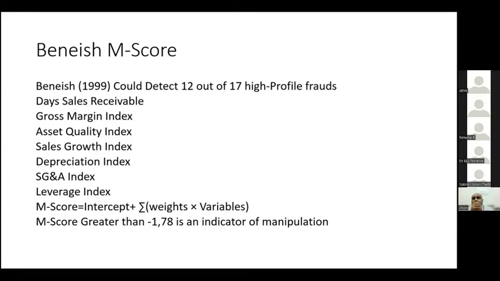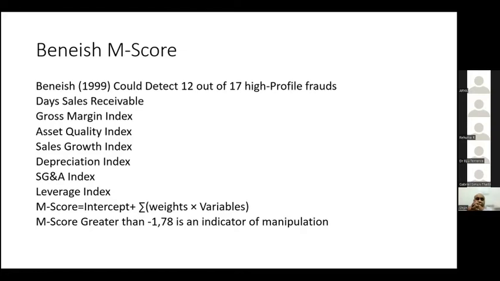This became very popular around 2001, when Enron collapsed. Before Enron collapsed, Cornell University students tested this M-score and found that Enron was manipulating. This gave much more mileage to the argument for the M-score.